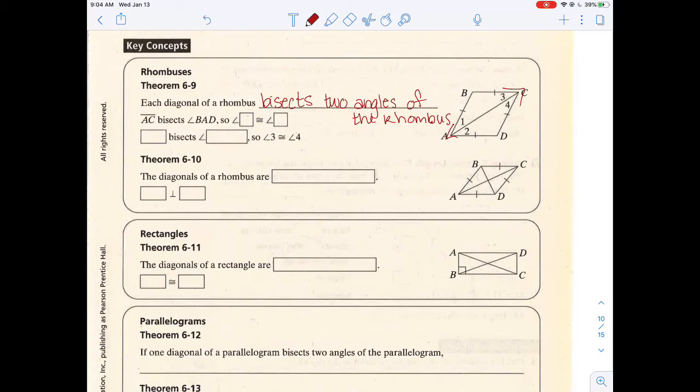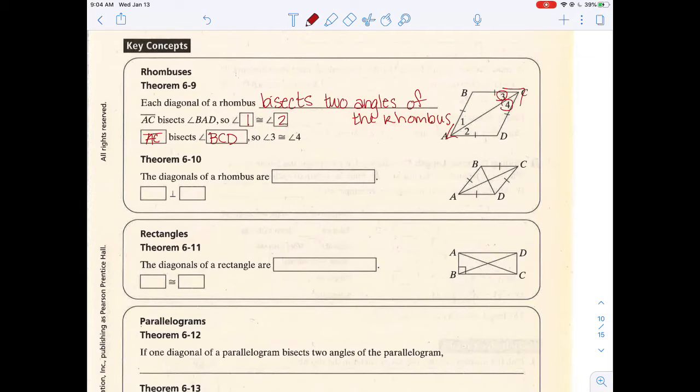So angle 1 is congruent to angle 2. And like I said, AC bisects BCD as well. So angle 3 is congruent to angle 4. Remember, bisects means it cuts it exactly in half.